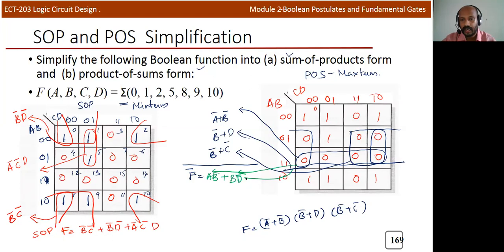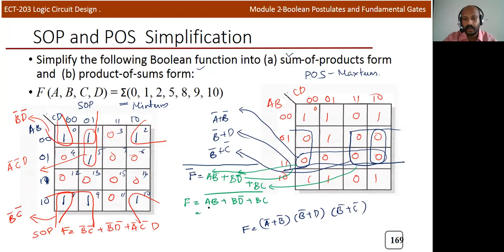Okay, and one more term we need to write for this particular group. The common term row wise is B itself, and column wise it's C, so BC. But the given expression is F bar, so we need to write F, so AB plus BD bar plus BC, the whole complement we need to take, because the given function is F complement.